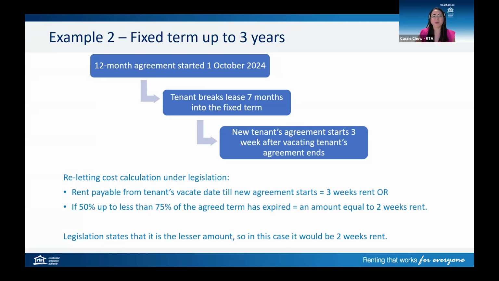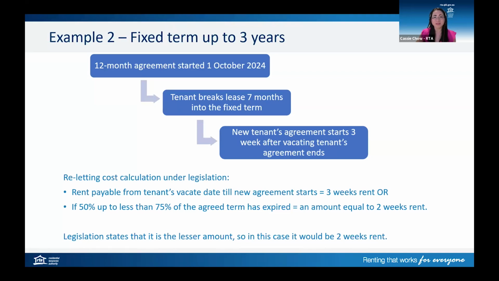Thanks, Mark. So, everybody, let's consider this second example, which is on the slide here. We again have a 12-month agreement, but this time the tenant breaks lease 7 months into the fixed term. The managing party finds a new tenant whose agreement starts 3 weeks after the vacating tenant's one ends.